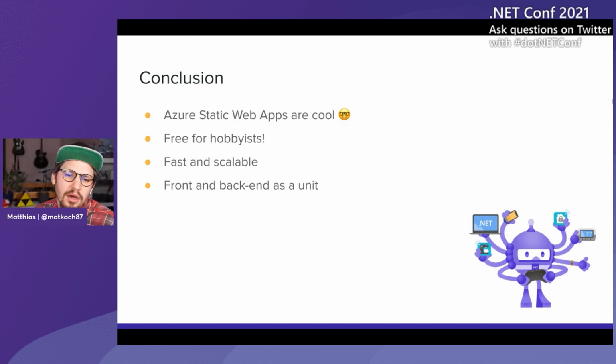One big factor and benefit here is that they are deployed and managed as a unit, front and back end. So we don't need to separately deploy our Azure Function and front end, etc. I think you get it.